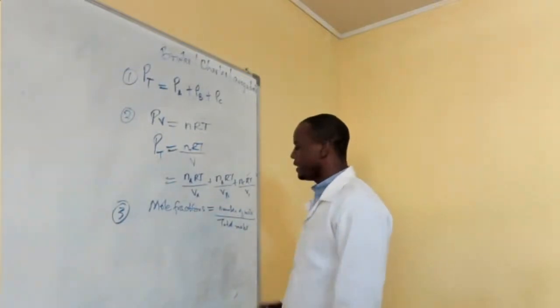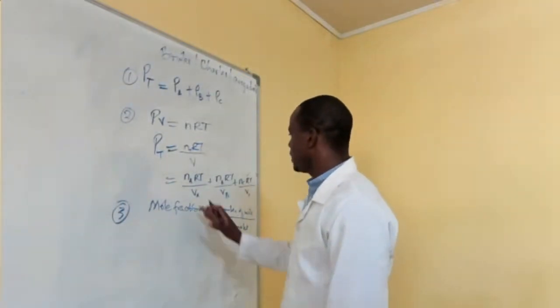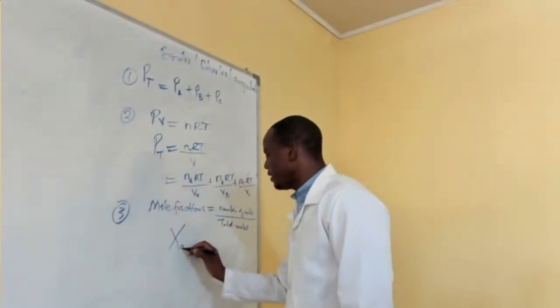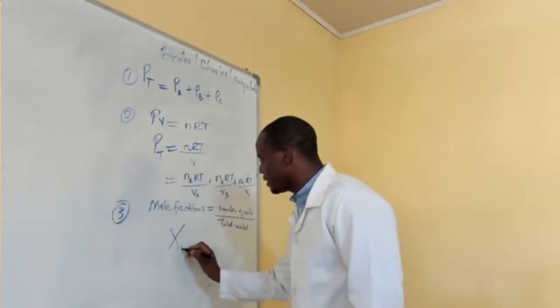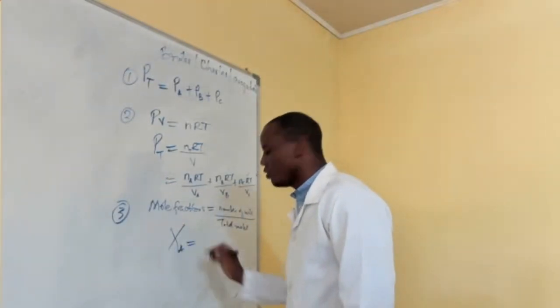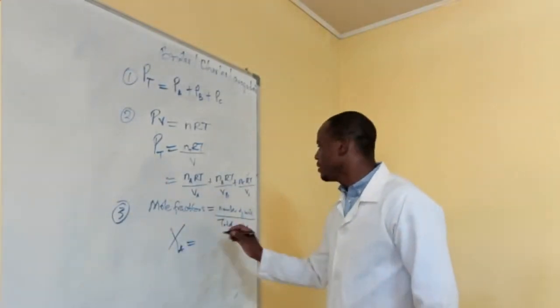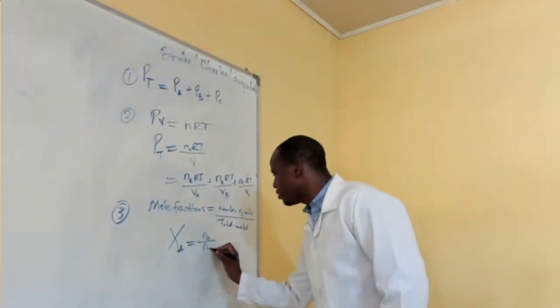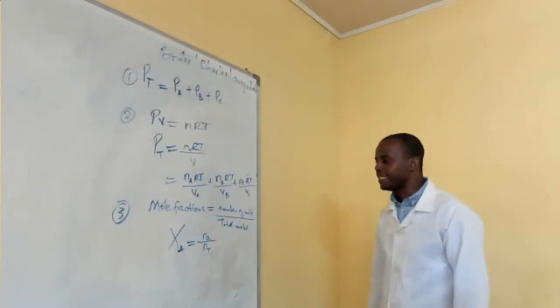So total moles in the container. Meaning that if you are discussing the mole fraction of A, we are saying mole fraction of A, let me use a capital letter, is equal to number of moles of A divided by the total number of moles, which is NT.